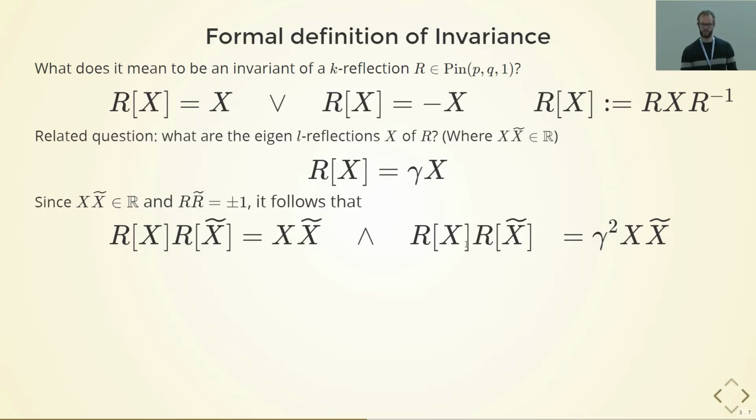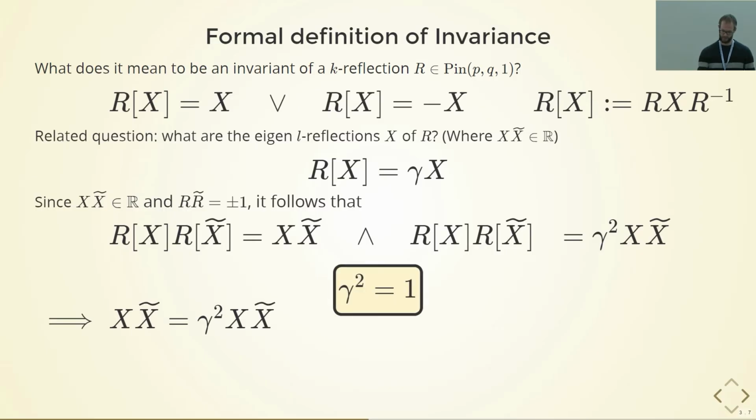But I also know from the eigenvalue equation up here that it should also be equal to gamma squared times the norm. So the norm of x should be the same as gamma squared times the norm of x. And so that leads to one obvious conclusion, and that's like, oh, gamma squared must be 1.